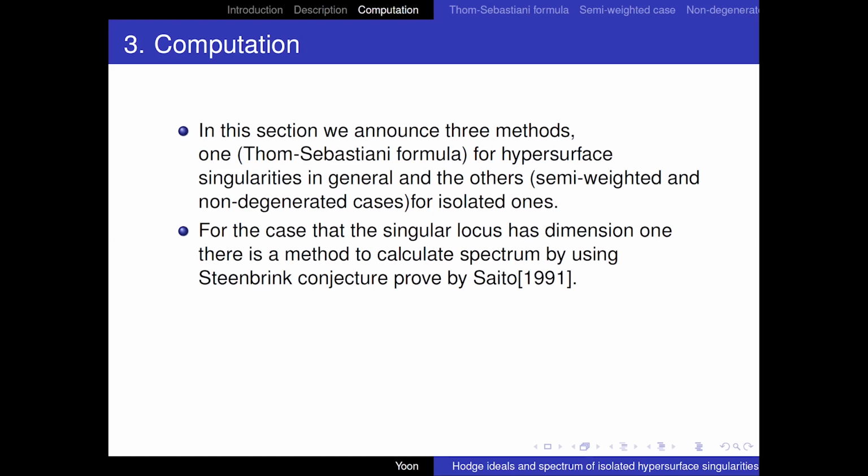Another method is given by the Steenbrink conjecture, which was proved by Saito. With it we can calculate the spectrum. This method is of course very complicated in practice, and it works only in the singular locus dimension 1 case.